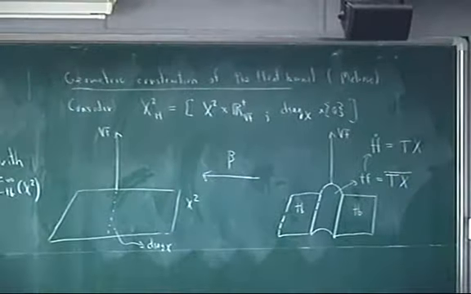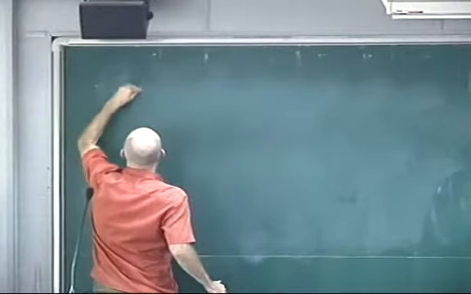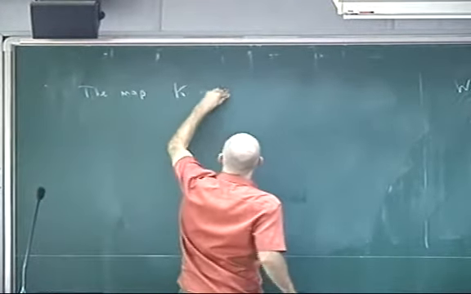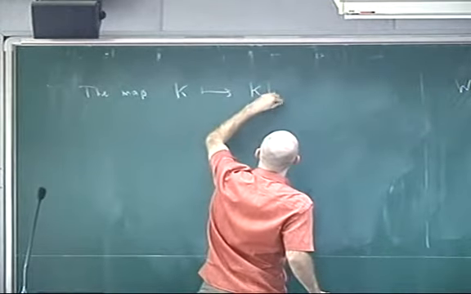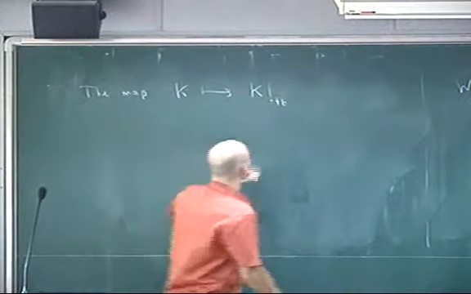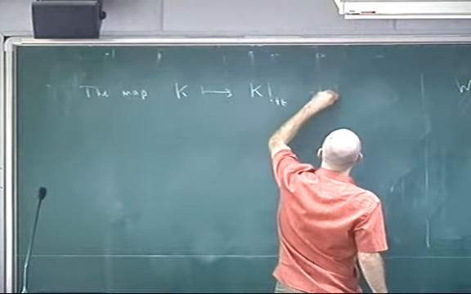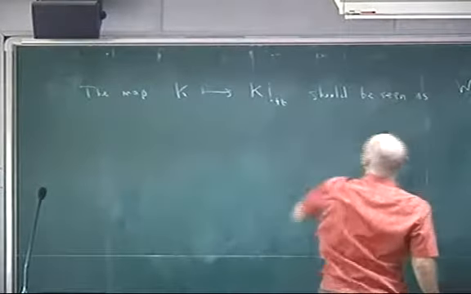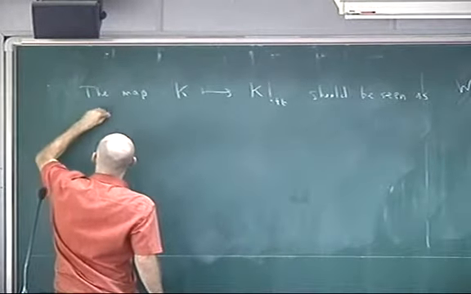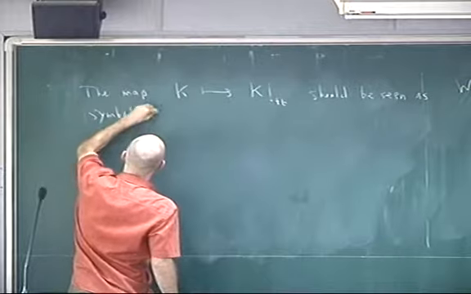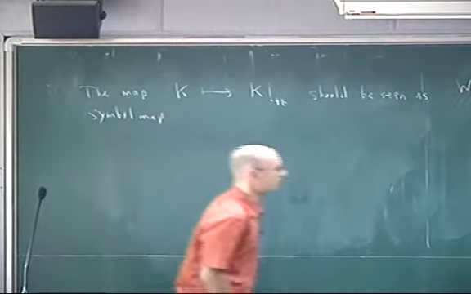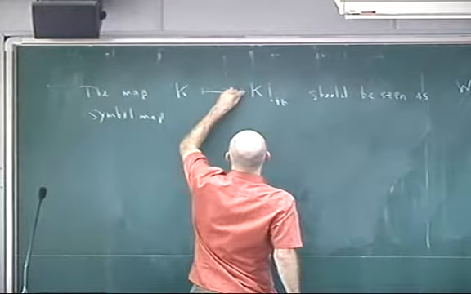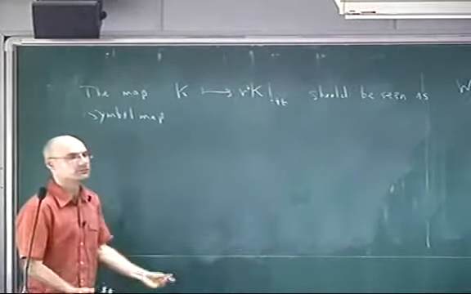So the map which to the heat kernel associates its restriction to the temporal boundary face should be seen as a symbol map. To restrict, I have to multiply by r to the power n, so then it becomes smooth.